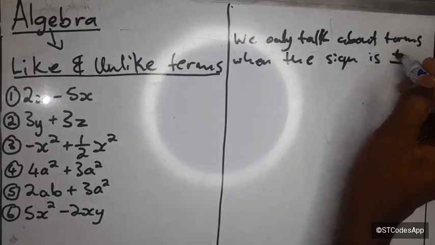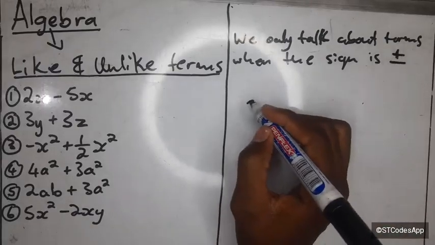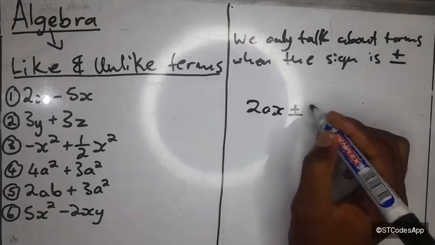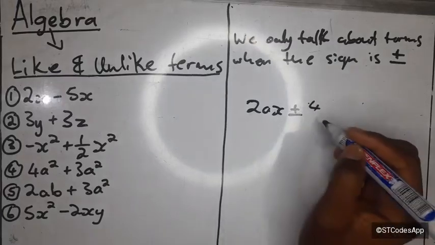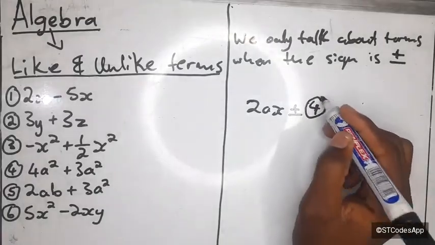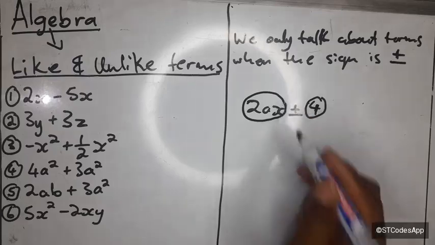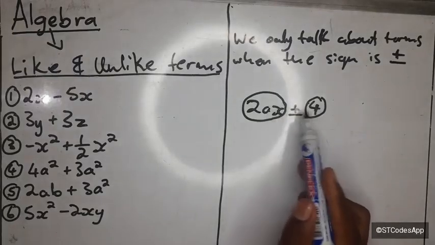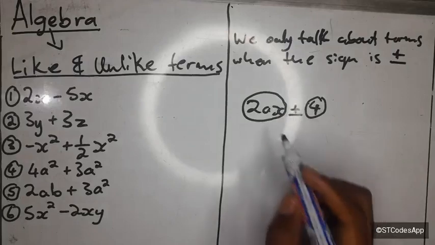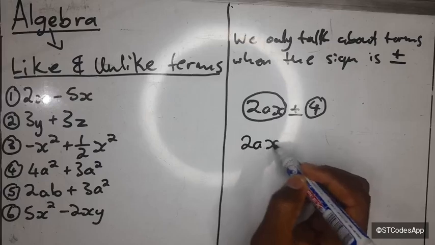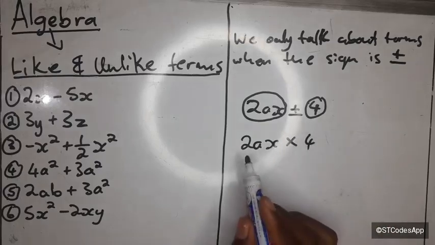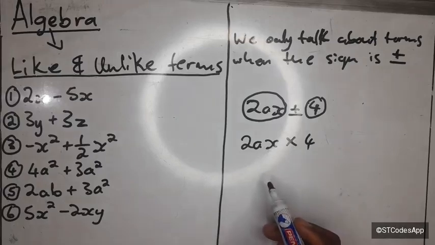Something like this: 2ax plus or minus 4. We consider these two things terms because they're separated by a plus or a minus. So if it's something like 2ax times 4, 4 and 2ax are not terms.